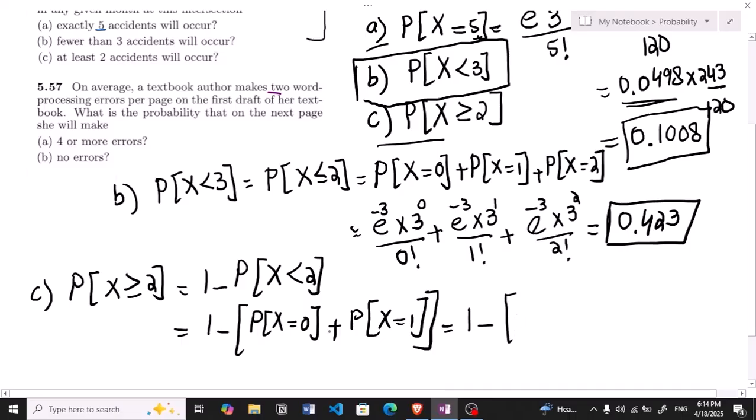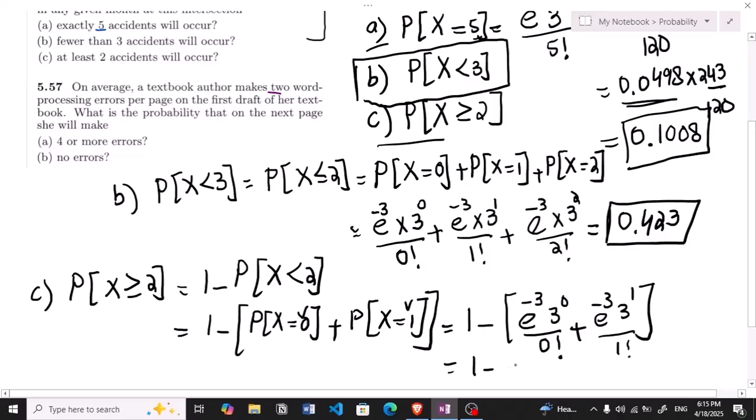1 minus the probability of x equal to 0, it would be exponential of -3 times 3 raised to power 0 divided by 0 factorial plus exponential of -3 times 3 raised to power 1 divided by 1 factorial, for the values of k equal to 0 and 1. Then adding them and subtracting from 1, I get 1 minus exponential of -3 multiplied by 4.